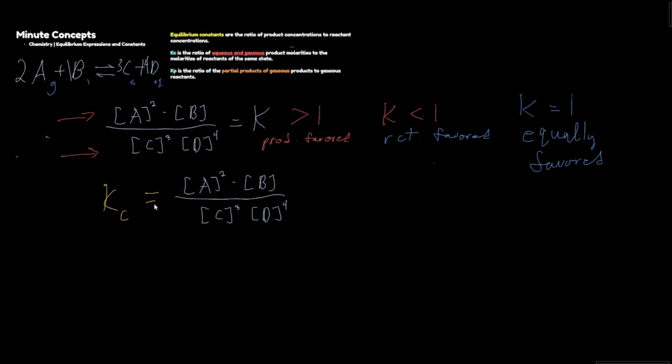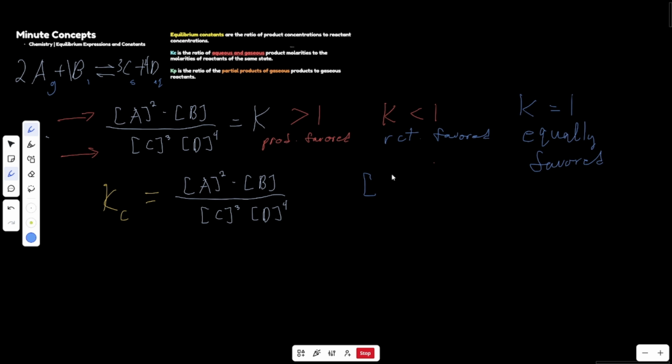For liquids and solids, the reason we don't include them is that their concentration is given mostly by density. The difference between liquid and aqueous is that pure liquids are determined by density, and aqueous solutions are given by molarity. Here, the concentrations are always given in molarity.